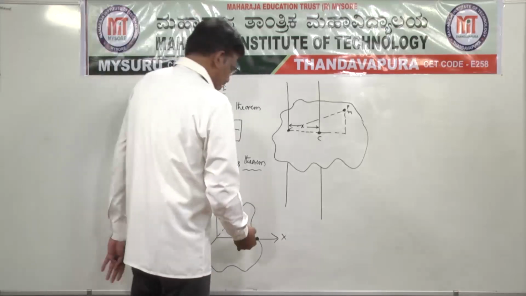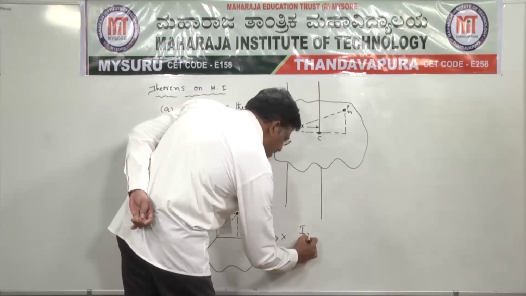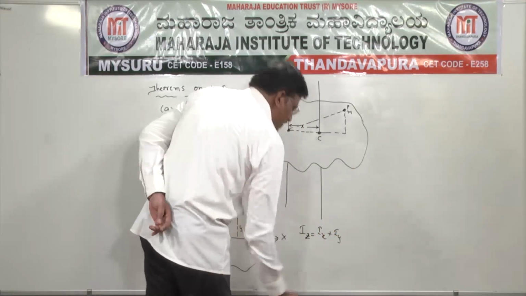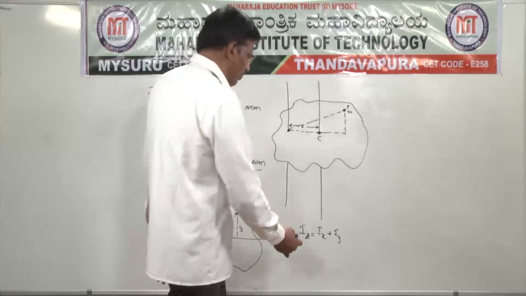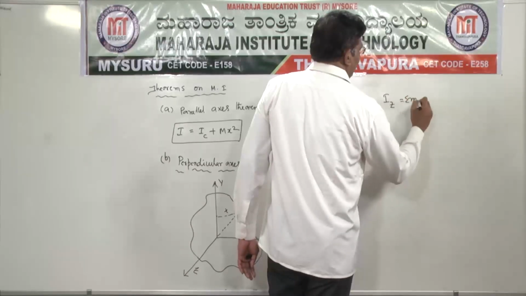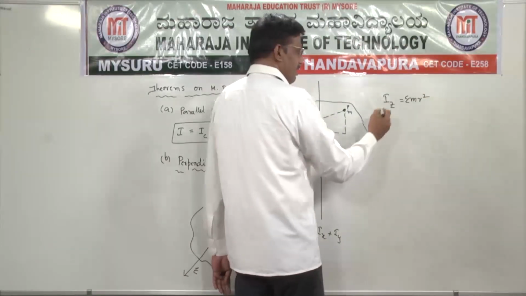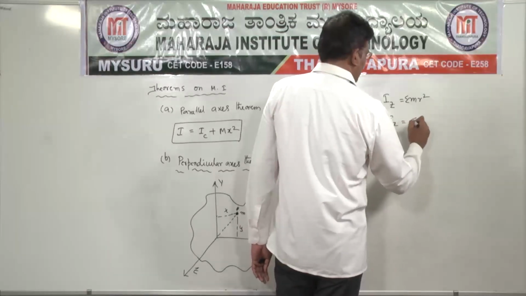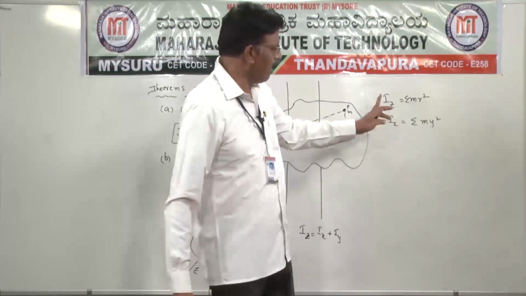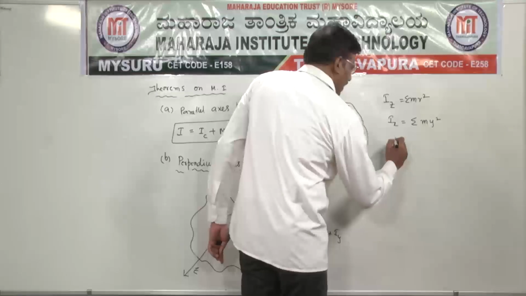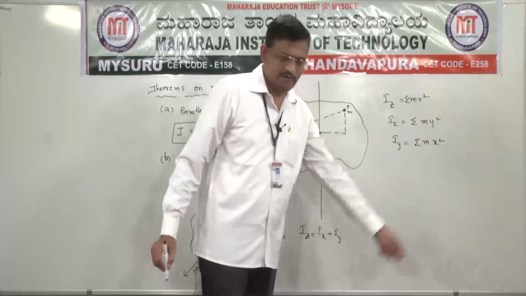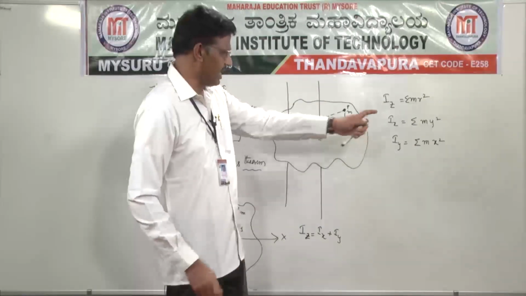So according to the statement, the perpendicular axis theorem can be written as Iz equals Ix plus Iy, where Iz is the moment of inertia of the lamina about the z axis, summation m r square, Ix is summation m y square, the moment of inertia of the plane lamina about the x axis, and Iy is summation m x square, that is the moment of inertia of the lamina about the y axis.